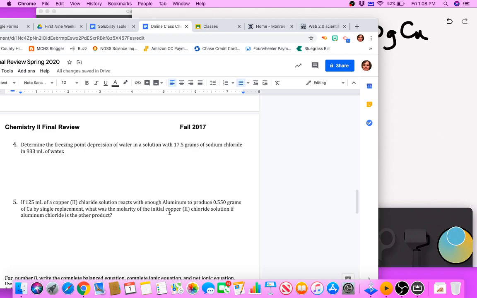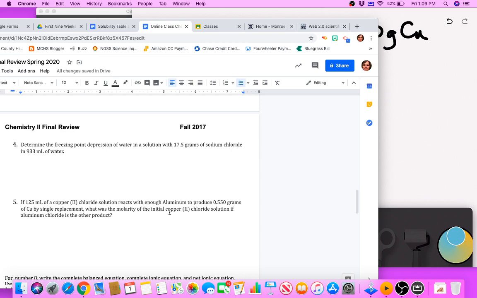All right? And we want to know what was the molarity of the initial copper 2 chloride. So molarity of the copper 2 chloride solution is what we want to know, if aluminum chloride is the other product. So then, obviously, guys, I hope you can tell here that we're going to need a balanced equation, okay?